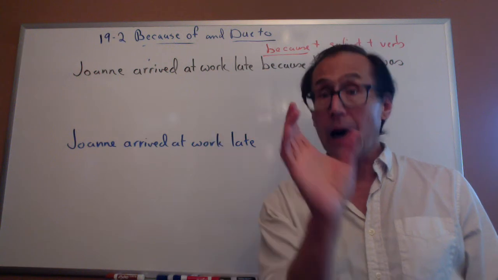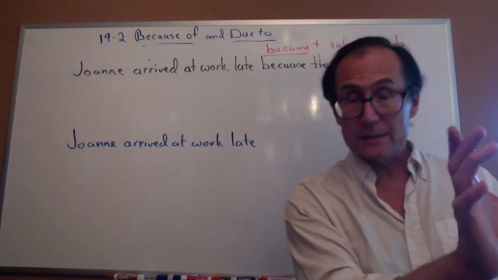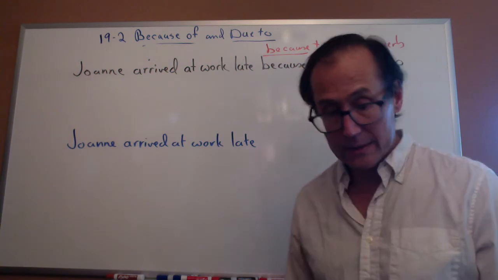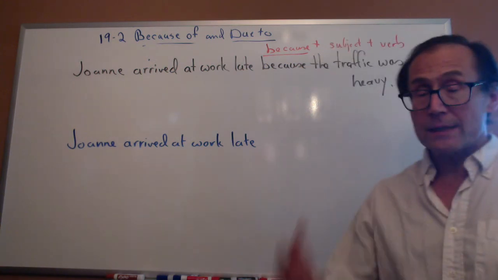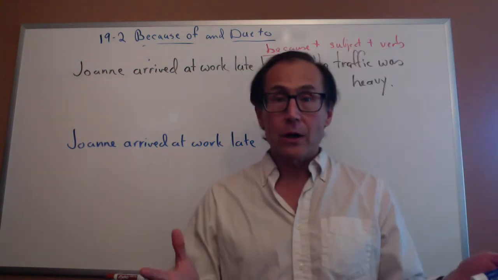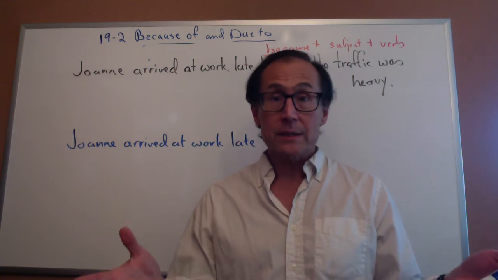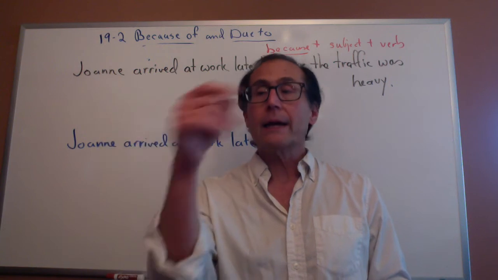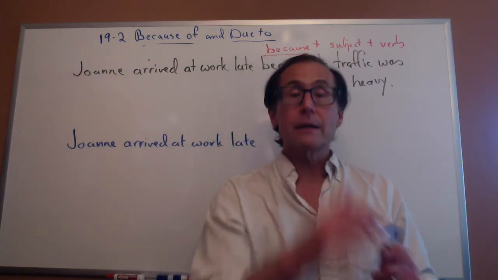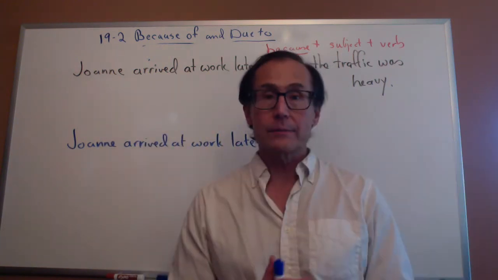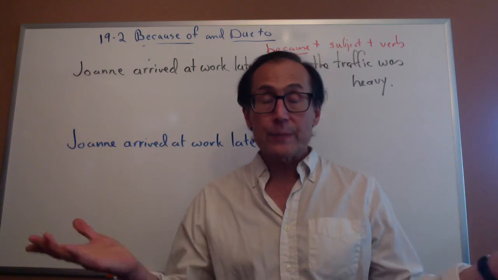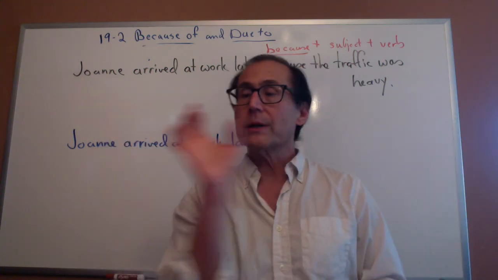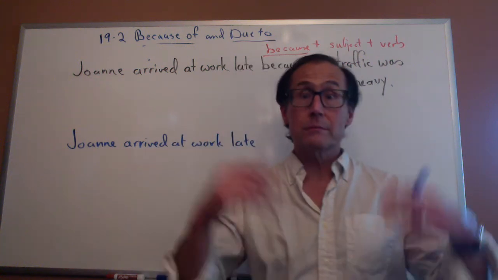Because I, subject, didn't eat, verb. Or I might say, I couldn't call you because I forgot my cell phone. And again, because, then subject I, and verb forgot. So whenever I use because, it's going to be because plus subject plus verb.